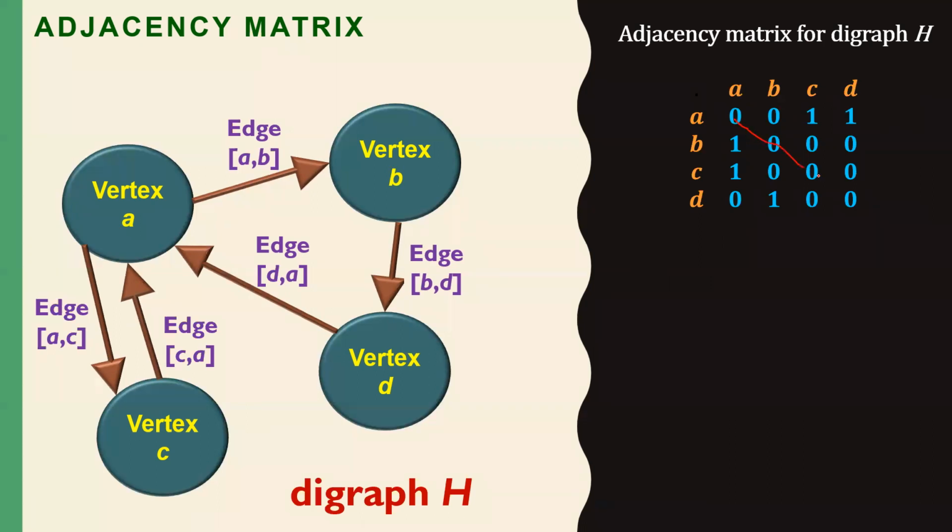Now again, the diagonals are all zeros because we don't allow edges to connect a vertex to itself. Now there is a 1 on row B and column A because there's an edge starting from A going to B. There you go. That's the edge AB.